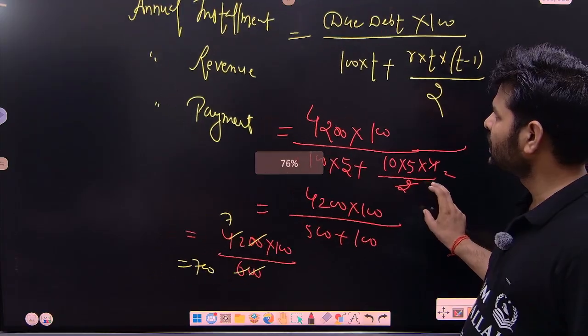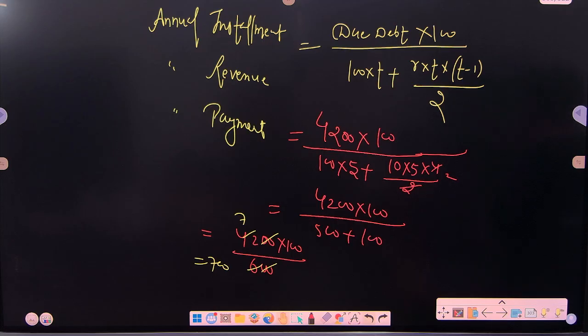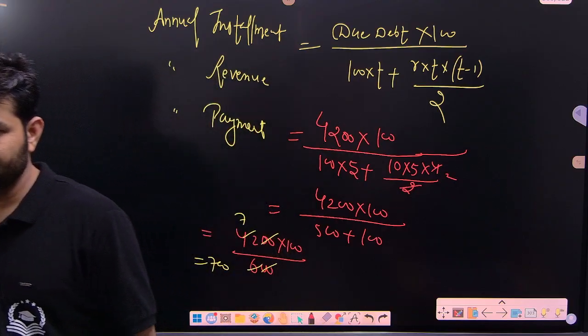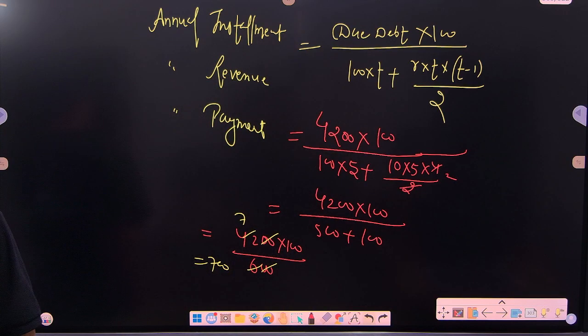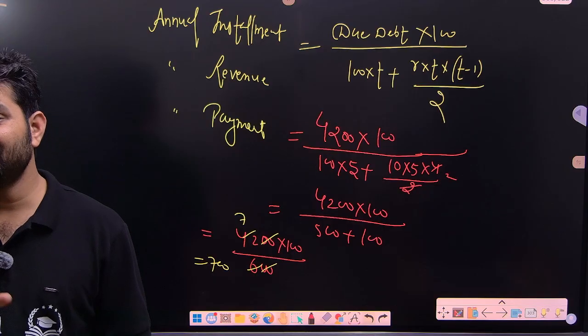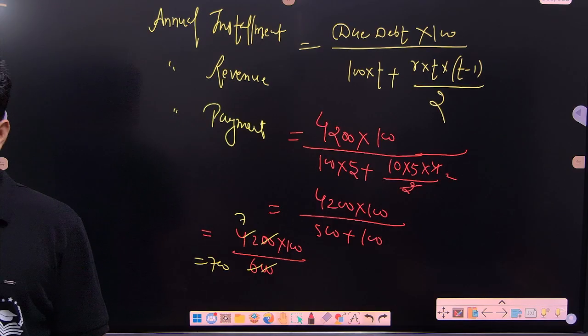So that is the formula. If due debt is given, directly you can plug in that formula. And if you want to solve in detail, you also have the detailed method. But due debt questions are a little bit challenging, because the same thing has been denoted from two sides.